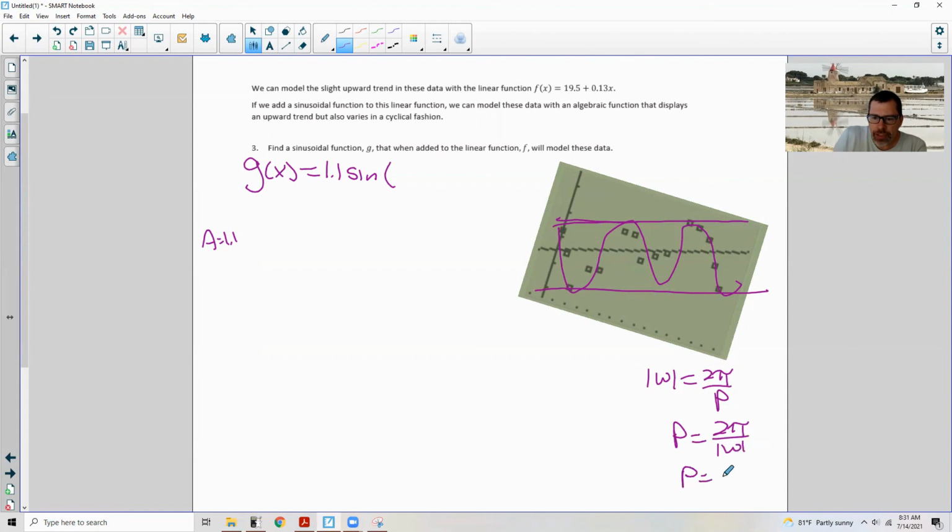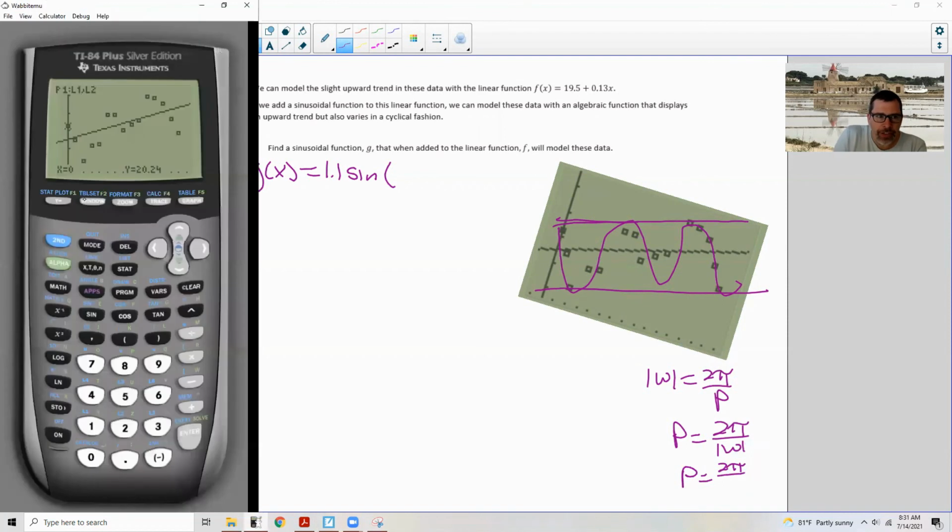So our period equals 2 pi over what? So if I go back to my calculator, our period looks like it starts here and ends up, back down, minimum, back up, right here. Or we could use this one from here, down there, up there. And there's points near both of those.